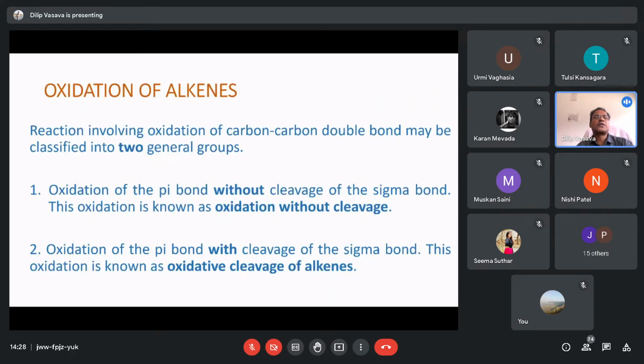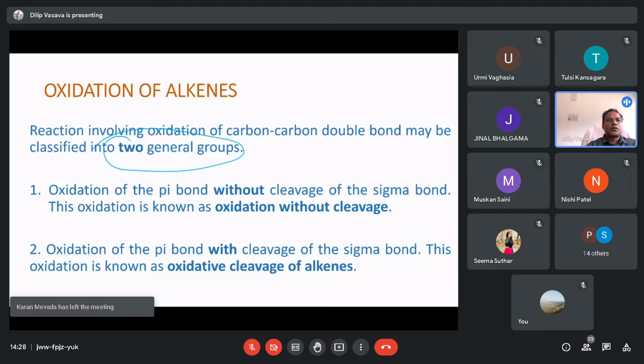Now oxidation of the hydrocarbons, in which oxidation of alkenes, that is the hydrocarbons, are to be discussed. Basically the reactions of the alkenes can be classified in 2 general groups. First, oxidation of the pi bond without cleavage of the sigma bond.